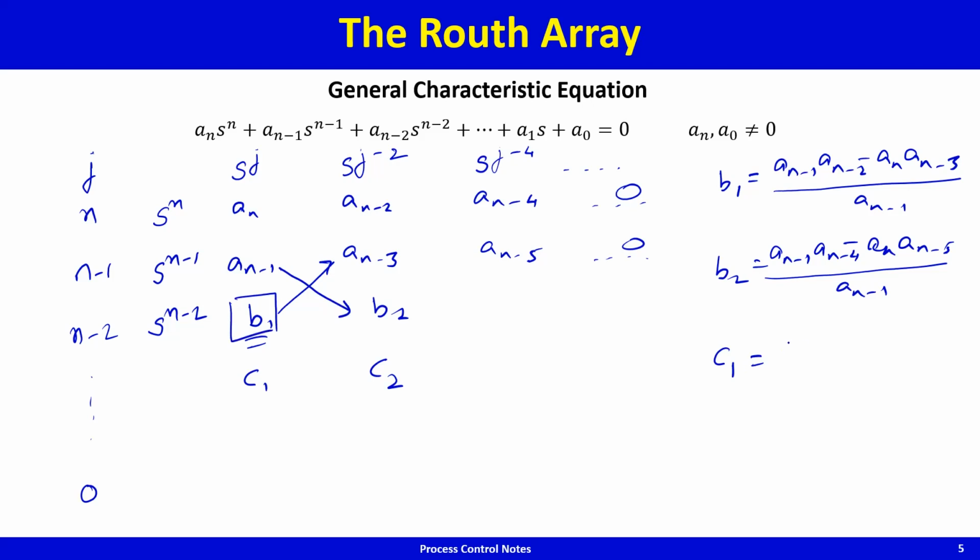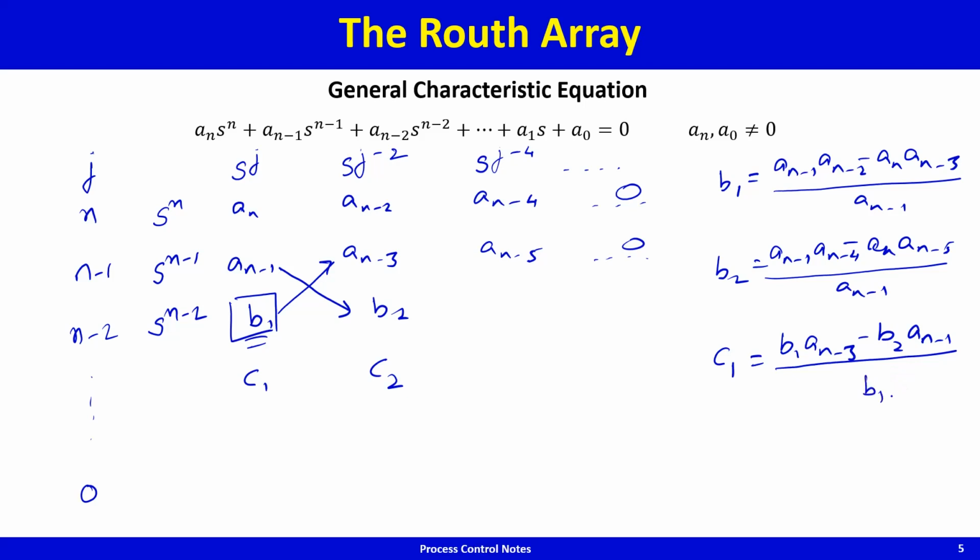It's going to be b1 times a n minus 3 minus b2 times a n minus 1, divided by b1.